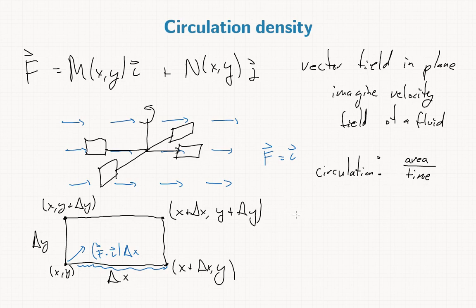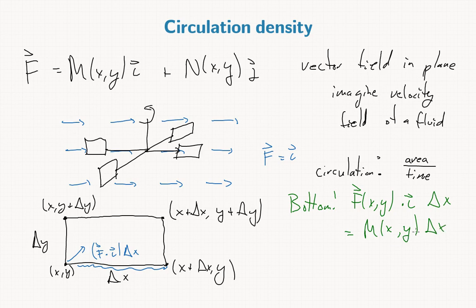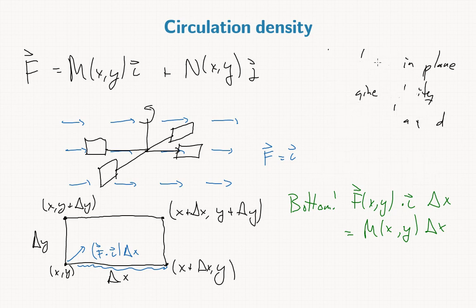So the circulation along each segment of the boundary will be, for the bottom, F of (x, y) dot i times delta x, and that will be M of (x, y) delta x. Okay, so that's this direction.